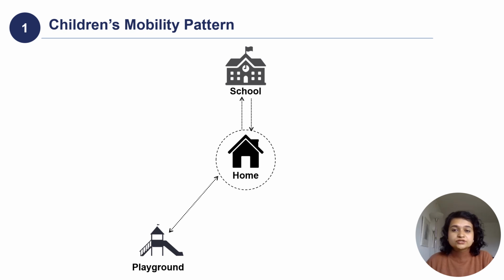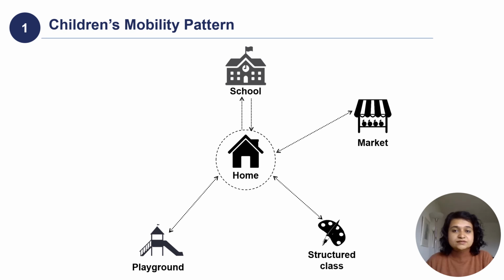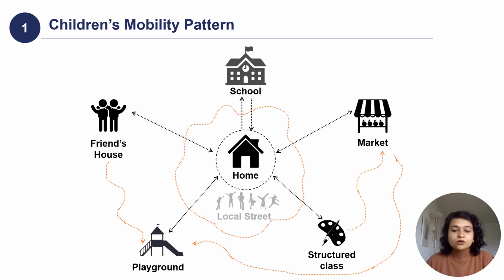However, children also travel to other local destinations such as playgrounds, markets, or hobby classes, structured classes maybe, or a friend's house. These destinations are typically connected by what we call the local streets, forming the core of the neighborhood landscape.